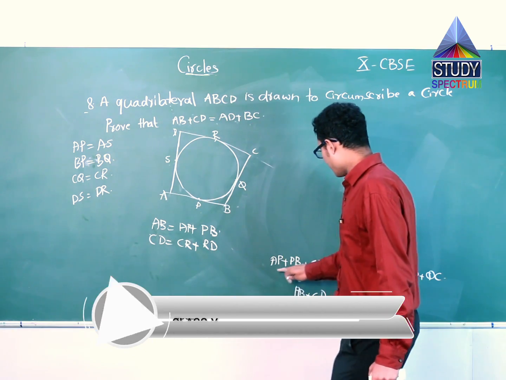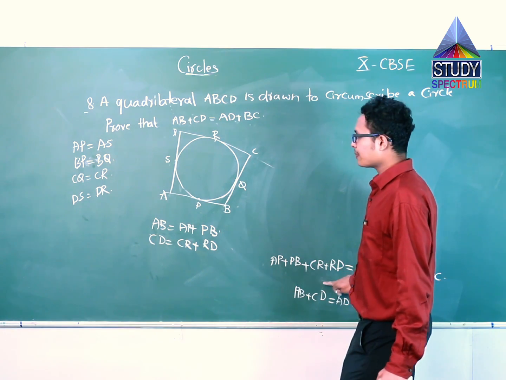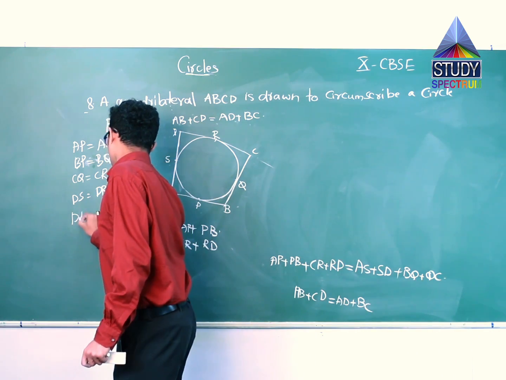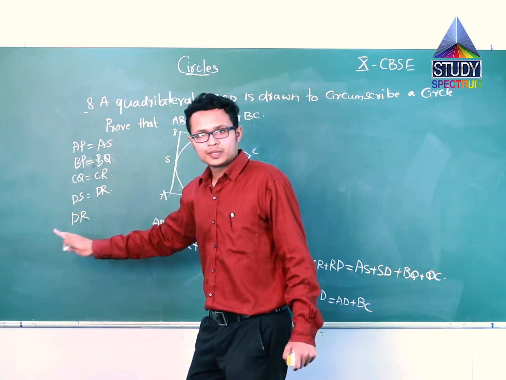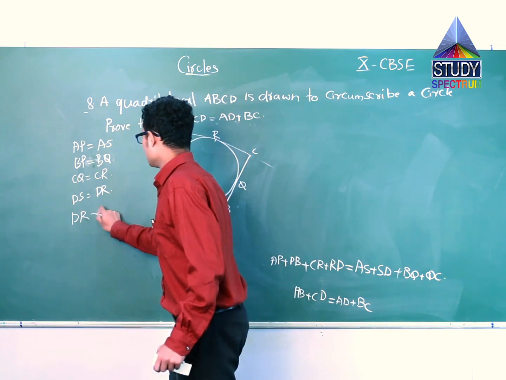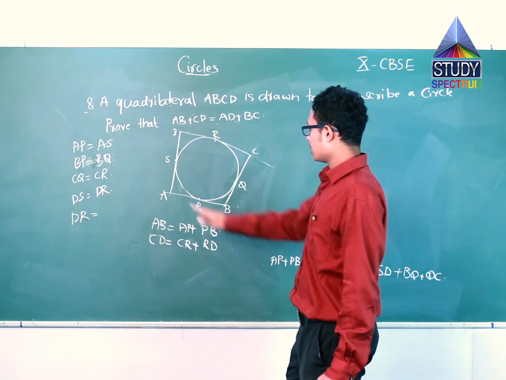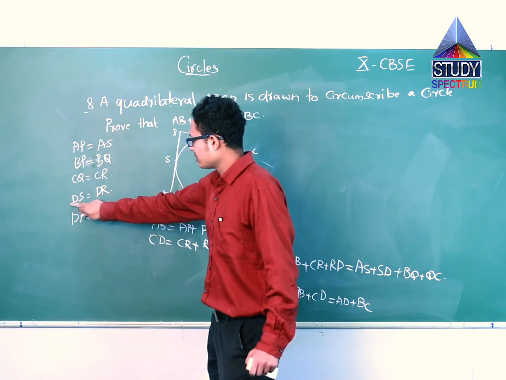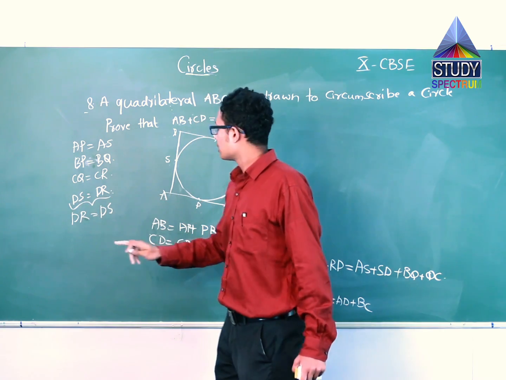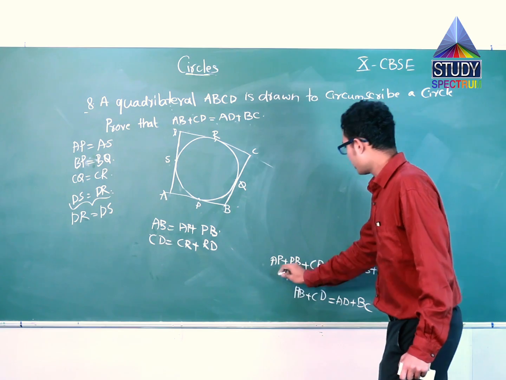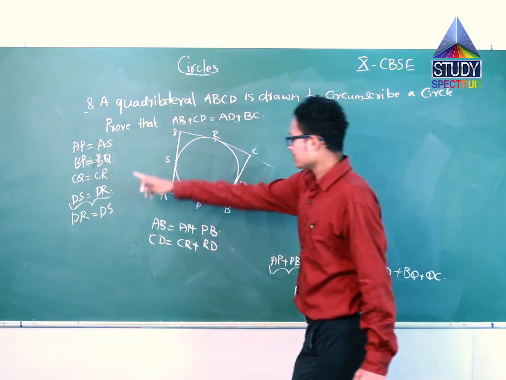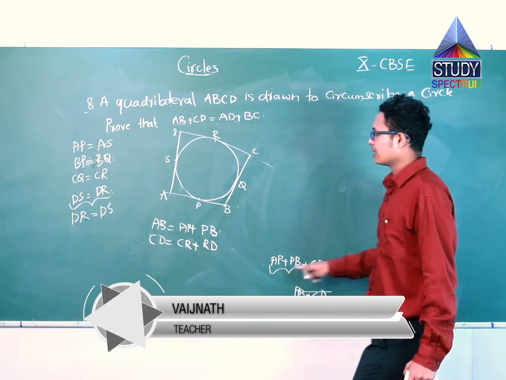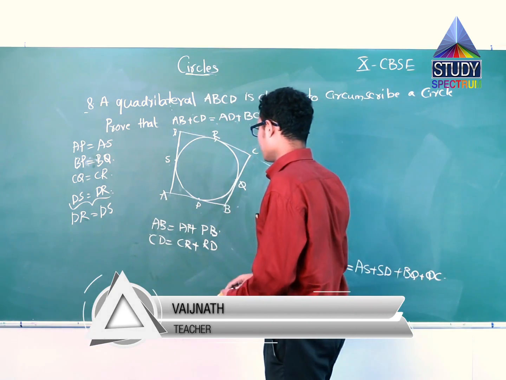What do you have here? AP plus BP and CR plus RD. Can't I write this as DR or RD? It means one and the same. Please mind it. So DR is equal to DS. I'd like to have this in reverse order, because for convenience I want AP plus BP in the left hand side, and then CR plus RD again in the left hand side.